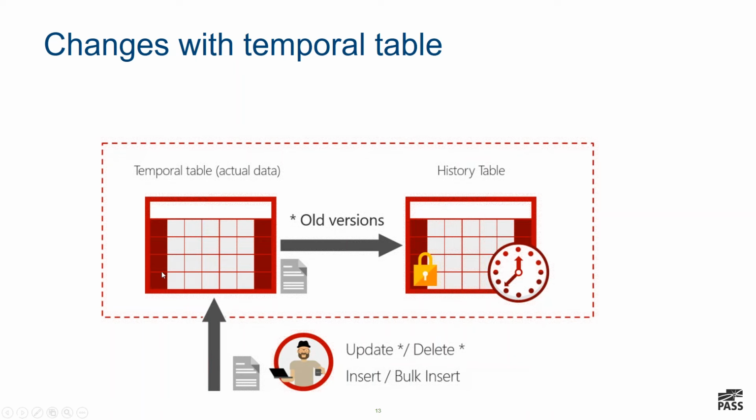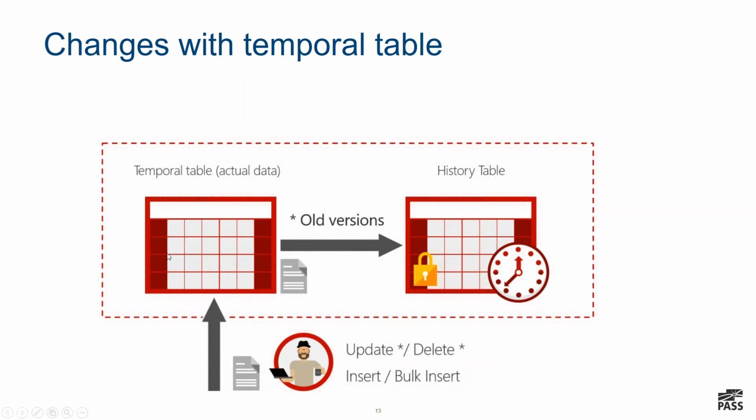When I apply changes, if the change is an insert, it will be automatically inserted in my temporal table. If the change makes a record obsolete, for example when I delete a record, the record will be deleted from the temporal table or my main table, but it will be moved to my history table. So we will definitely have a copy of that in our history table.